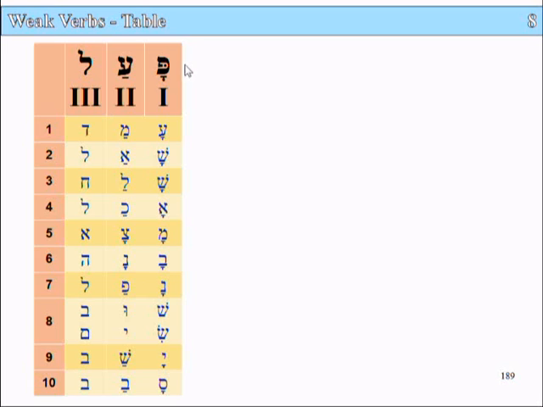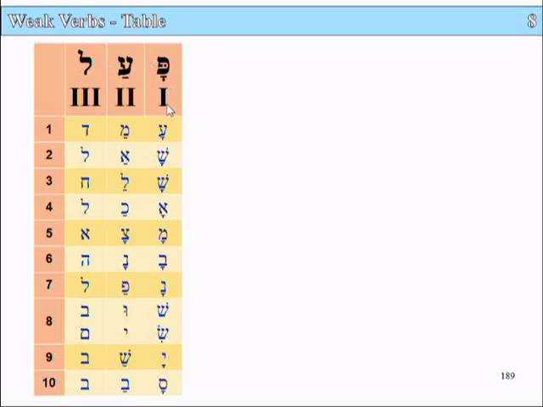An older way of classifying the first, second and third position in the verb has a letter standing for each position from the verb pa'al.